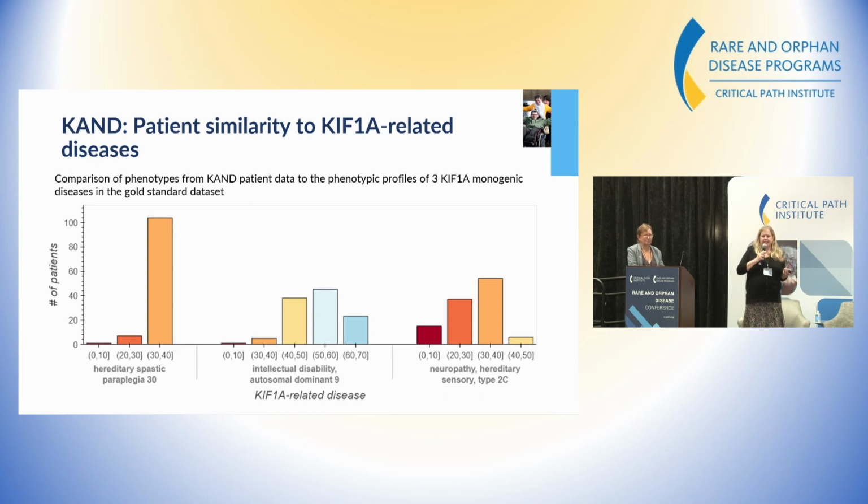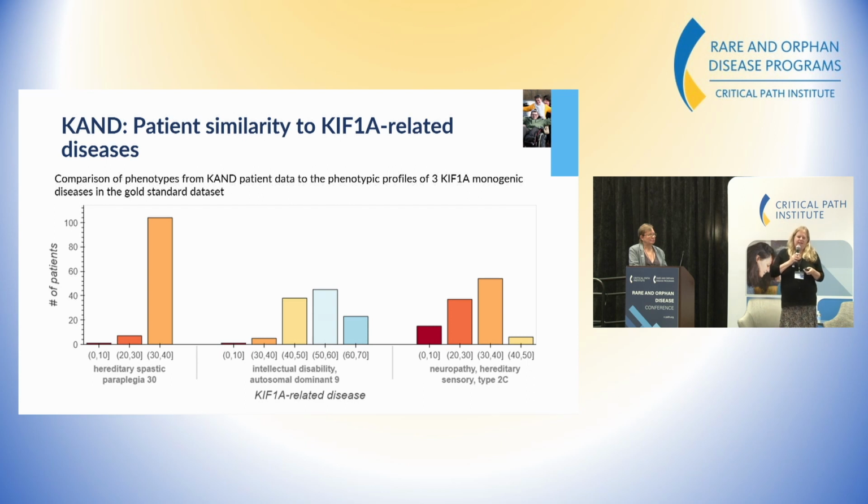Also, looking at the REN data set, we had patients who had reported that they had known diagnoses or had been diagnosed with a certain disease, which are listed on the x-axis of this graph. And we compared the phenotypic profiles from the gold standard that are typically associated with these diseases, listed on the x-axis, and compared the number of patients who matched the phenotypic profiles in the individual patient data sets to the gold standard.